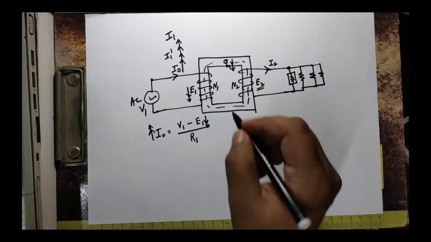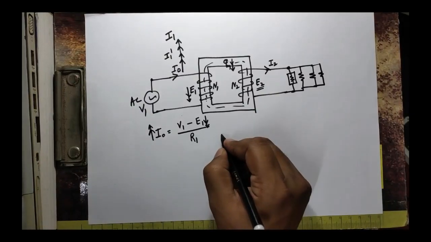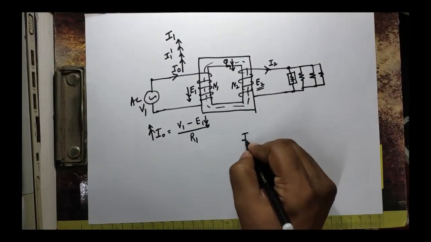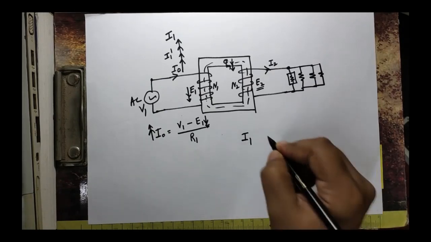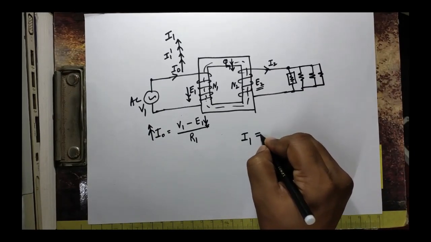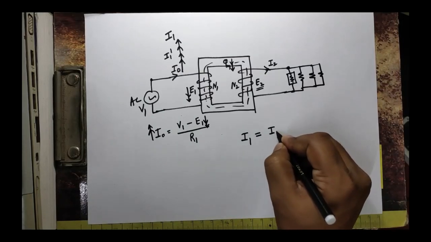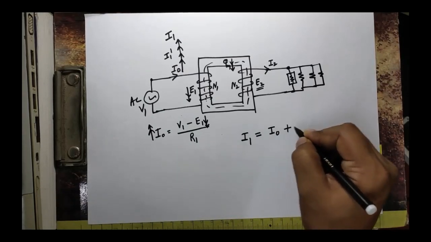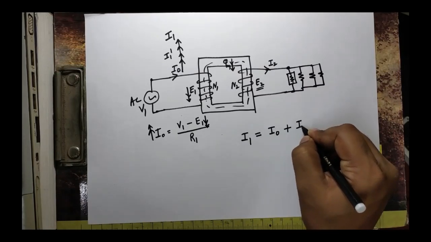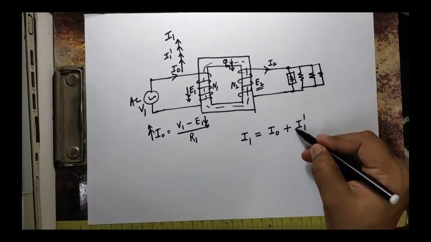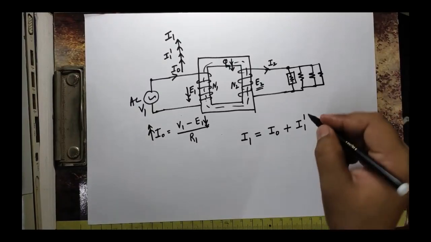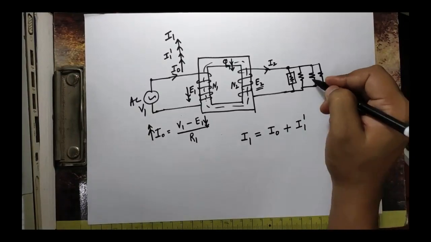So what can I write? I can write that I1, this is primary winding current, is equal to I naught plus I1 dash. So you see this I1 dash is coming from where? This is coming from the secondary side.